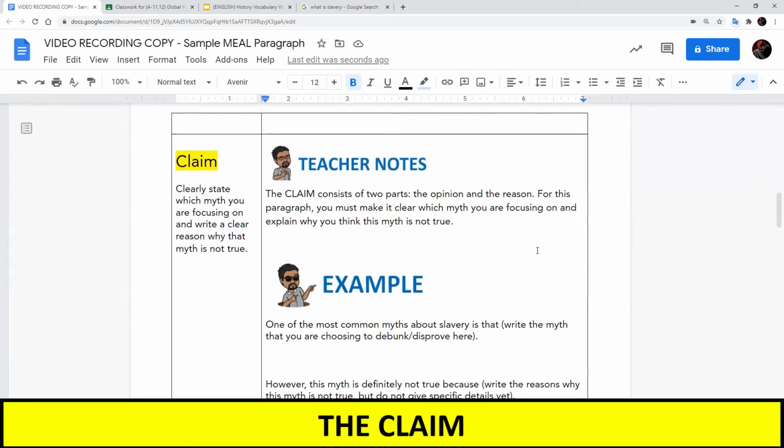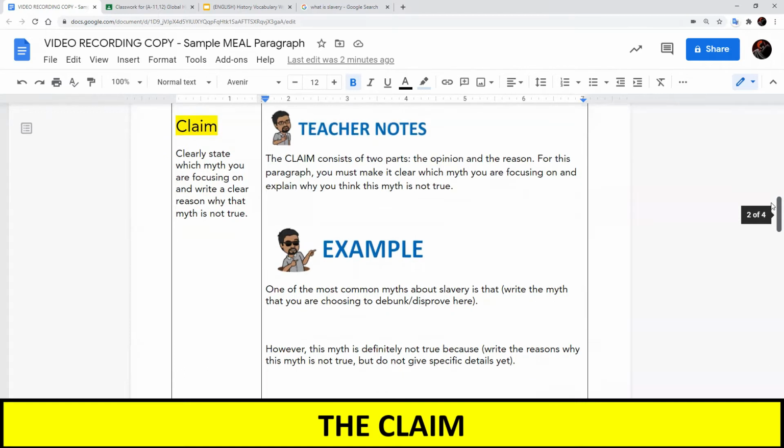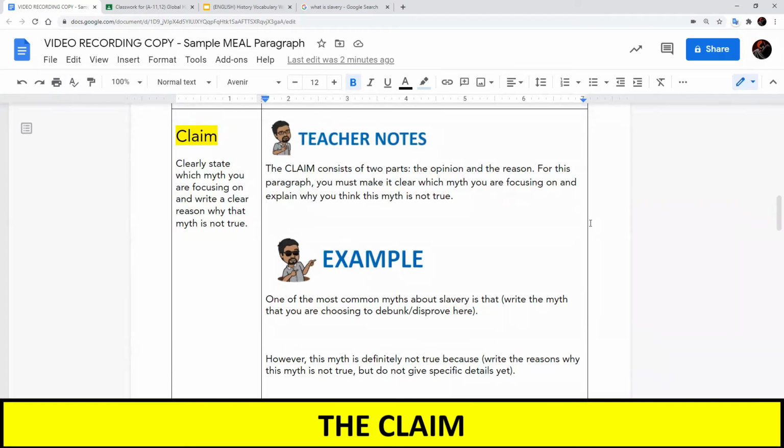Now, the claim is very important because it's the place where you are clearly stating which myth you are focusing on for this paragraph. It also provides a clear opinion and reason as to why you feel that the myth is not correct or is just a big lie.